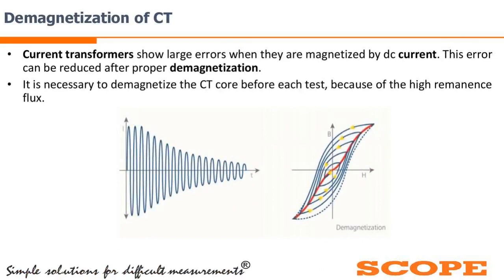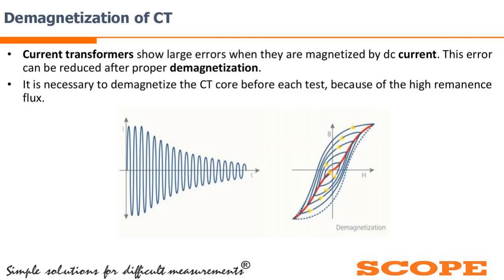Demagnetization. After doing CT testing with DC current on the secondary side of the current transformer, we need to demagnetize the transformer, otherwise we will get erroneous results in the AC testing. Basically, after DC current testing, the core retains some remnant flux that we need to nullify.